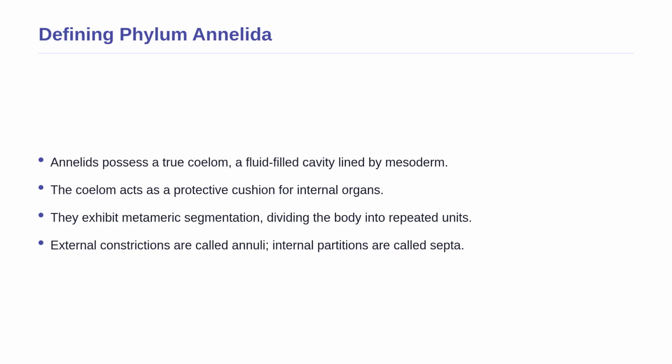Second, they exhibit metameric segmentation. This means their body is divided externally by shallow ring-like constrictions called annuli and internally by partitions called septa. These divisions create a series of repeated segments, or metameres, which is the scientific term for those boxcars we just talked about.